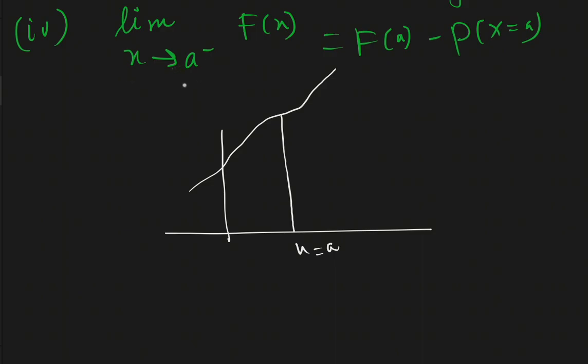The limit as x approaches a from the left excludes only the point a from the left-hand side. F(a) includes the point a. So if I calculate the limit as x tends to a from the left, it only excludes the point a, so it is F(a) minus the probability of X equal to a.